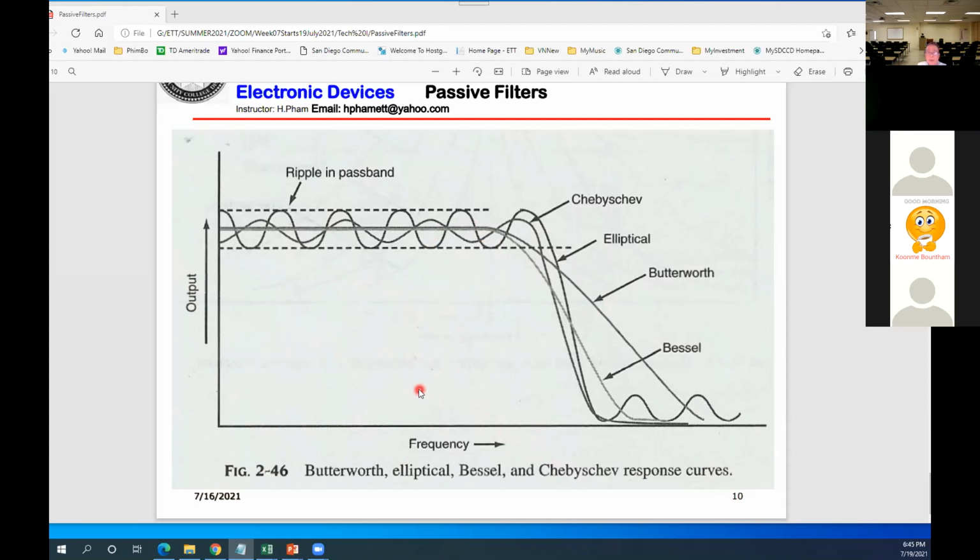They just want to know whether you have a basic understanding or not. So they can ask you about the low pass filters, which one you prefer or like, and why.